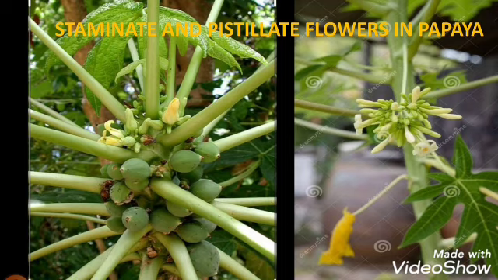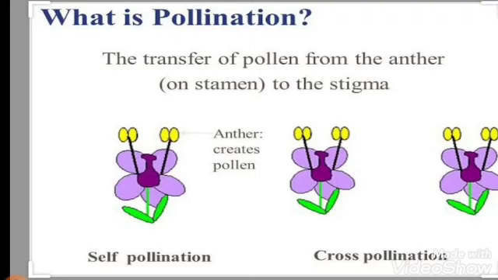Now, how does reproduction in a flowering plant take place? The steps involved in plant or flower reproduction are pollination followed by fertilization. We will learn about pollination first. The transfer of pollen from the anther of a flower to the stigma of a flower is known as pollination.